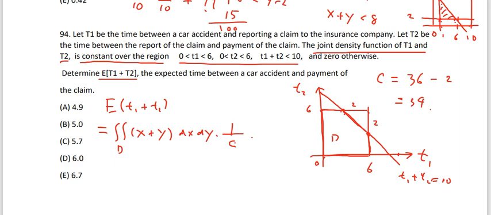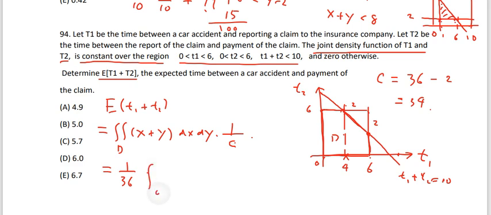So this problem just equals 1 over 34. Then we just do the integration. For this integration, we have to cut it into 2 parts. We cannot say x from 0 to 6. Here y equals 6, then this is x equals 4, right? So we need to put this into 2 parts.